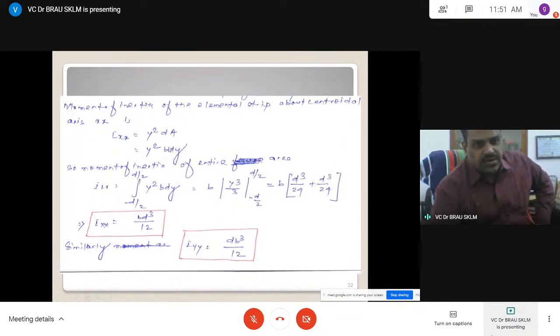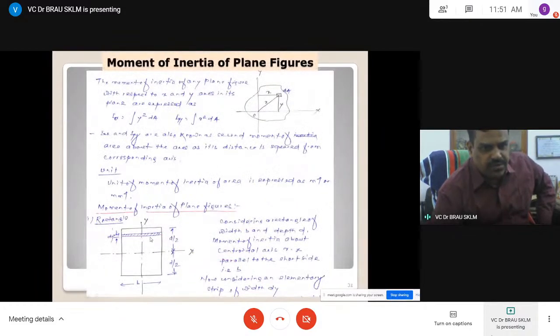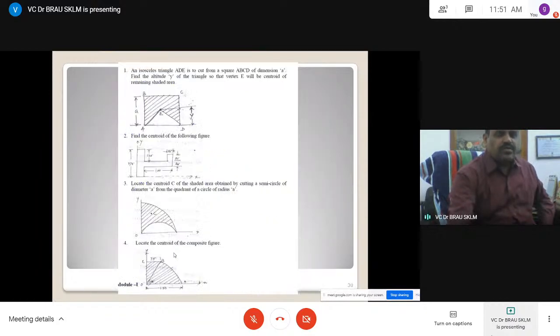This is what dA is equal to, b dy. Here b is the width and dy is the depth, a small element. Now I want to integrate along this axis from minus d by 2 to plus d by 2, depending upon what moment you want.